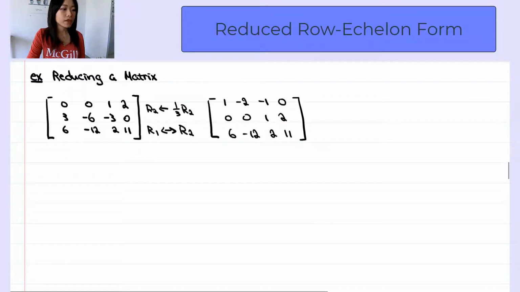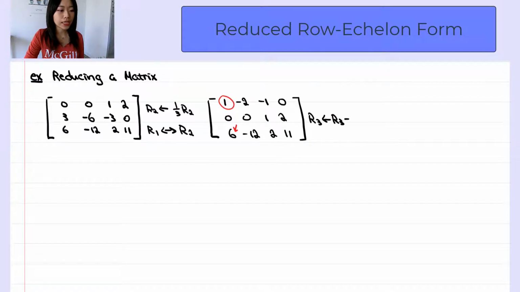Now I have my first leading term in the first column, but I also want to make all the other entries in this column 0. So I will want to eliminate this 6. So I'm going to replace row 3 by row 3 minus 6 times row 1. Then this matrix becomes 1, -2, -1, 0, 0, 0, 1, 2.